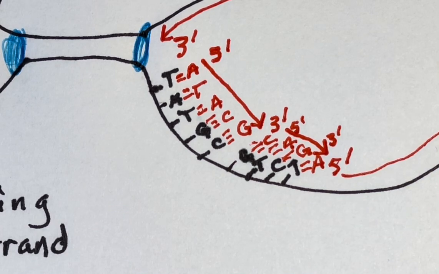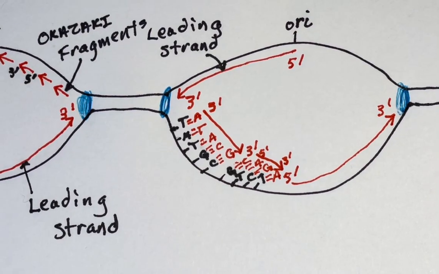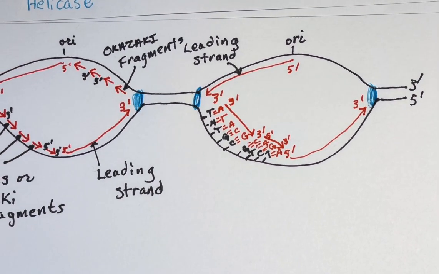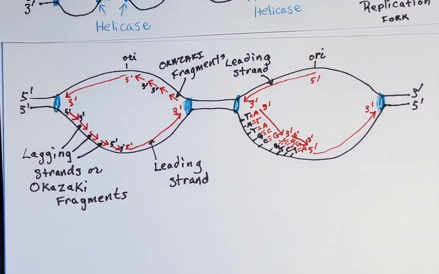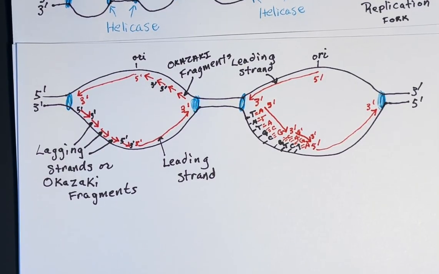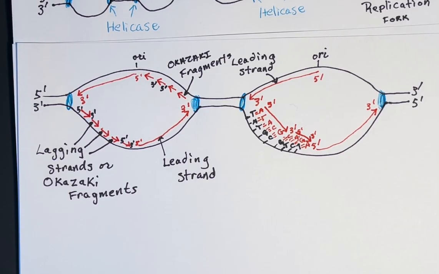So I keep saying these bases are added, but how is that happening? Well, there's another enzyme besides helicase that adds the bases. Okay, so polymerase 3 is what adds the nucleotides.